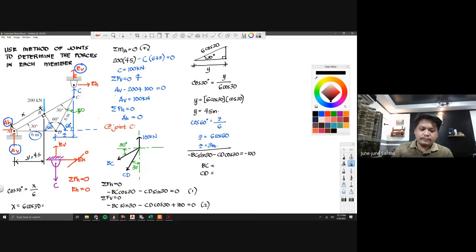So, BC is negative 100 and CD is 173.21 kilonewton. What is our conclusion? Our BC should be in compression, and our CD is in tension. So, I already have two forces.